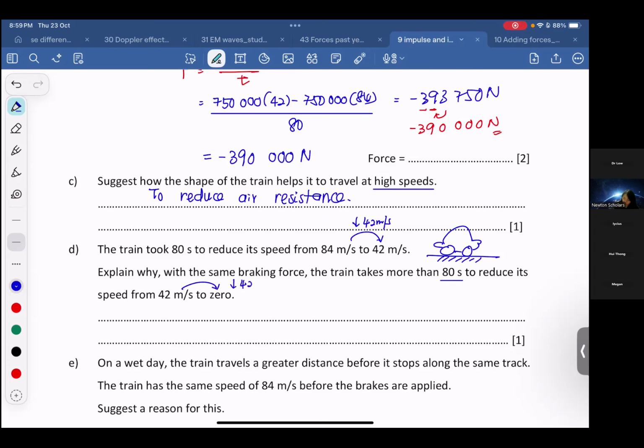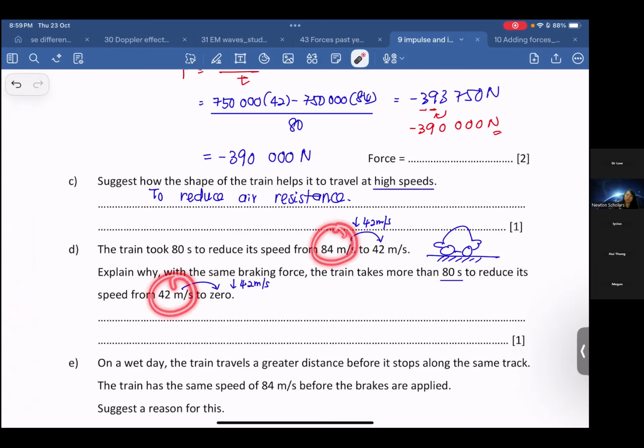It's still reducing 42 meters per second. Just now also 42, but one is from high speed, another from slower speed. But why at slower speed do you need a longer time to stop, if I apply the same braking force?